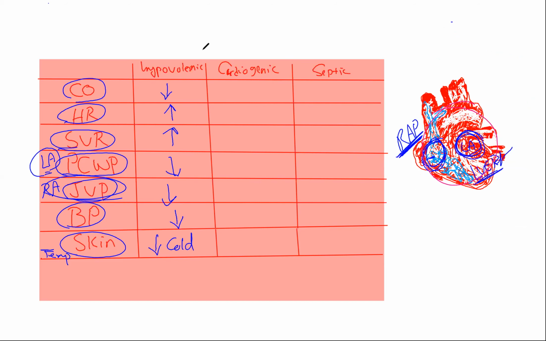We will have low cardiac output because the heart is not able to pump blood. The cardiac output is the amount of blood coming out of the heart, because the heart is affected, so you have low cardiac output.